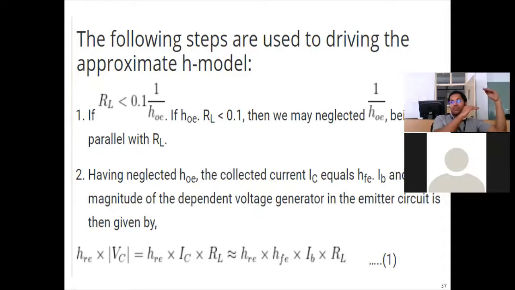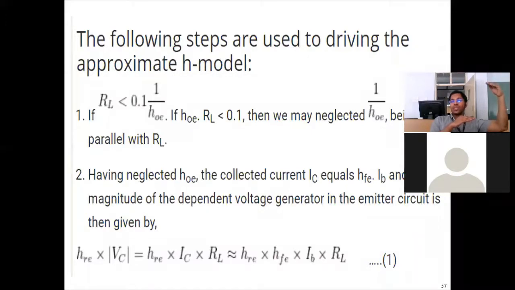Now, if one resistance is sufficiently larger than the small resistance, can I approximate that the entire current will flow through the small resistance? Can I approximate? Yes or no? Yes, sir. Very good.